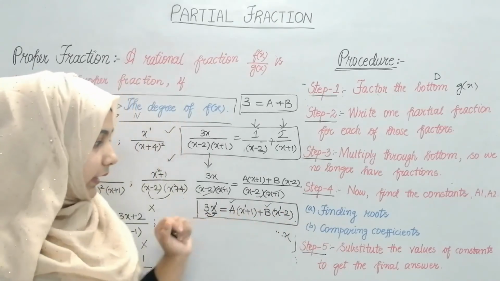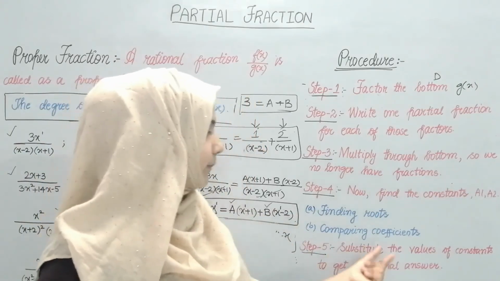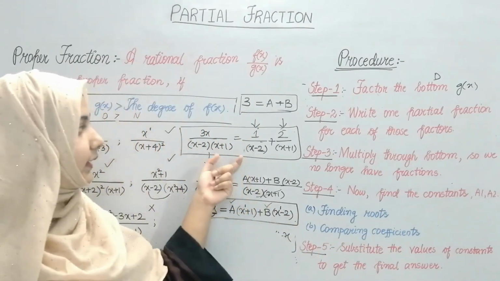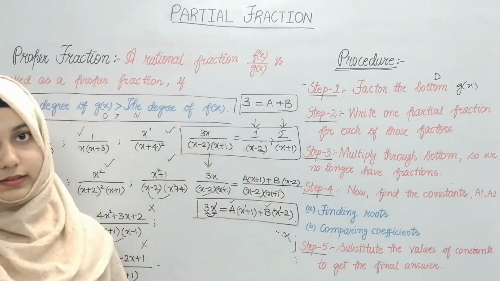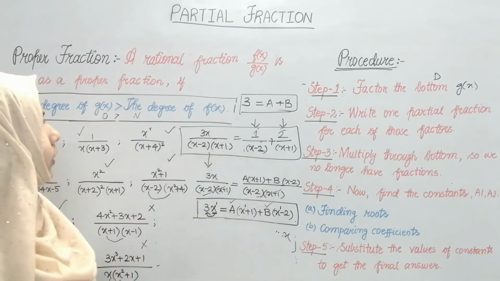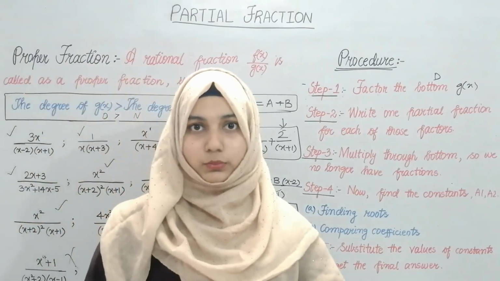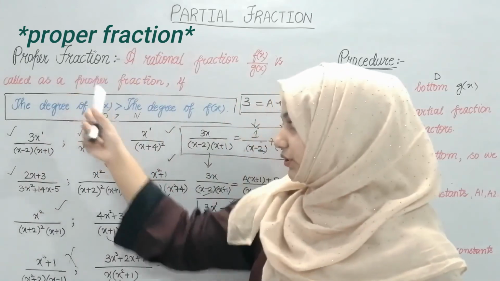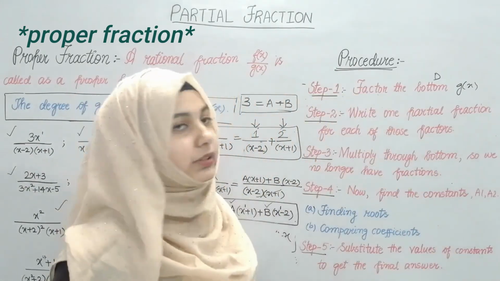Then step 5 is, after we get the values of all the constants, we substitute the values in this equation, or in the final partial fraction, to get the complete answer. I think I'm clear with this topic. We saw the partial fractions, we identified some partial fractions, and then we saw the method or procedure.